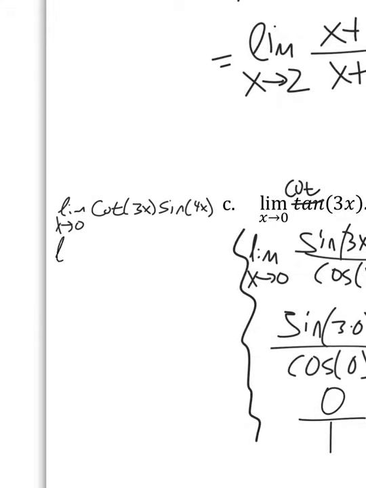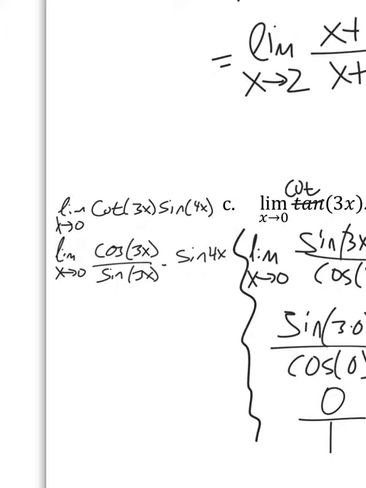And this becomes, in this situation, cosine of 3x over sine of 3x times sine of 4x.